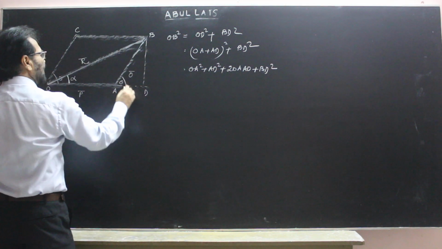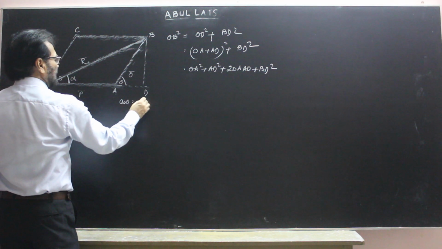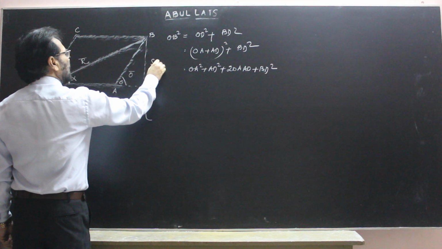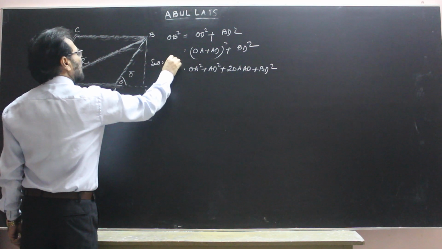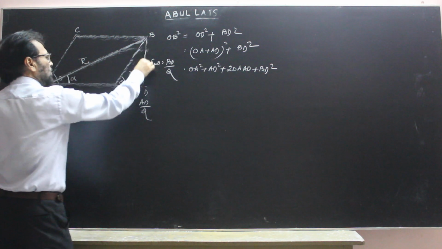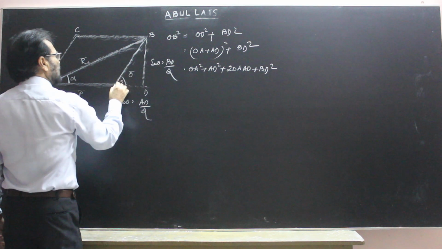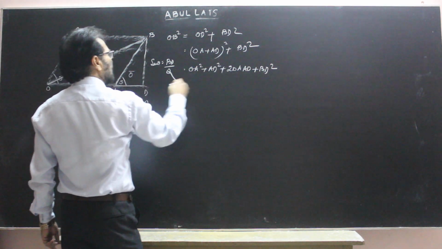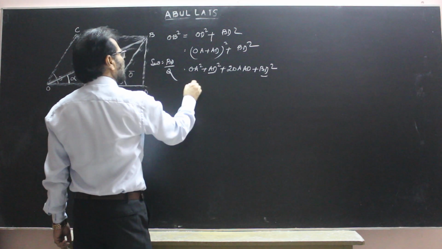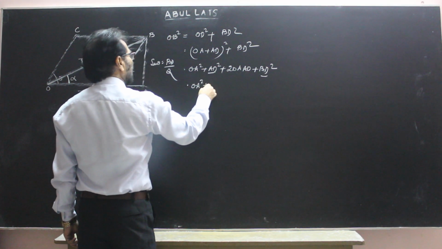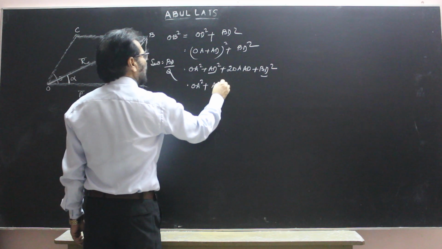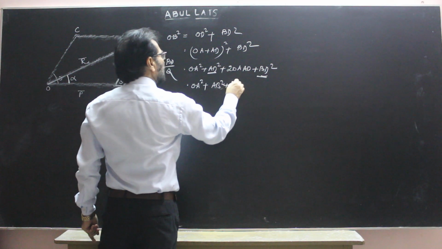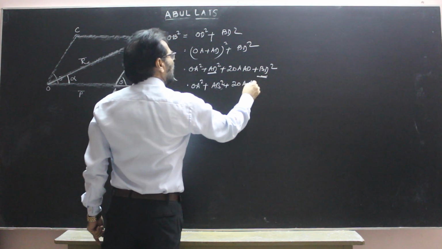Now cos theta is AD by Q and sin theta is BD by Q. This is BD, perpendicular by hypotenuse. This is base by hypotenuse. So now AD square plus BD square from Pythagoras theorem is AB square. So it is OA square plus AB square plus 2 OA into AD.